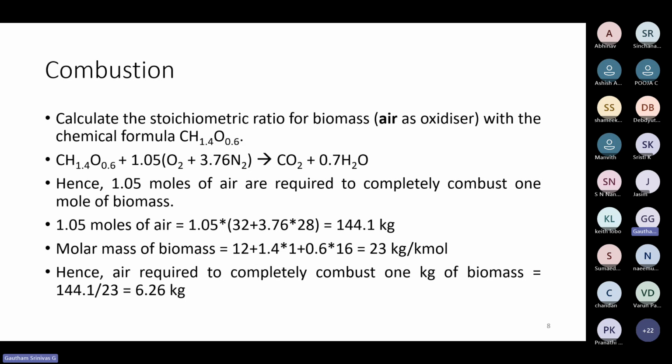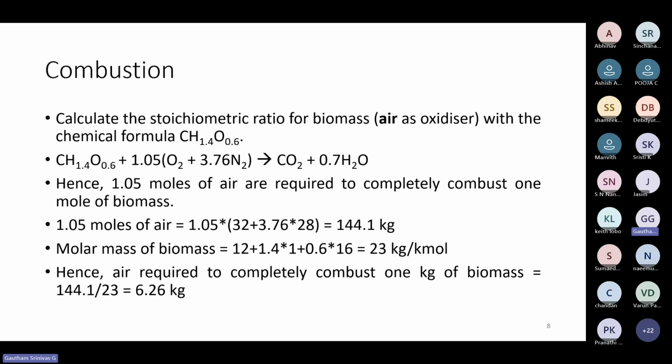Now you can see 1.05 moles of air, but this is not 1.05. This is 1.05 into 4.76, because the total is 4.76 moles. But just for simplicity, I'm telling you 1.05 moles of air are required to completely combust 1 mole of biomass.